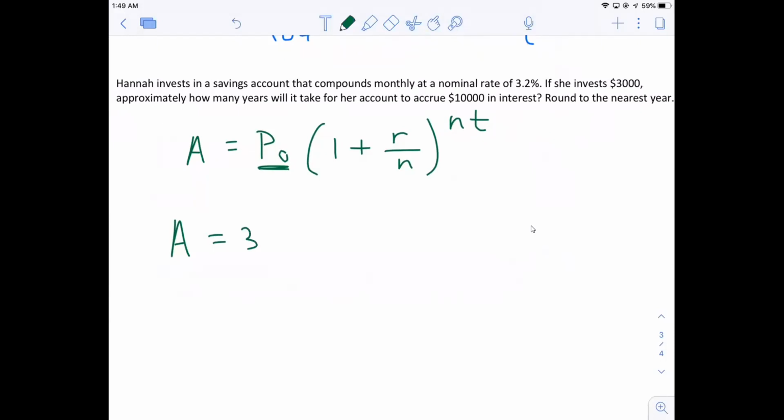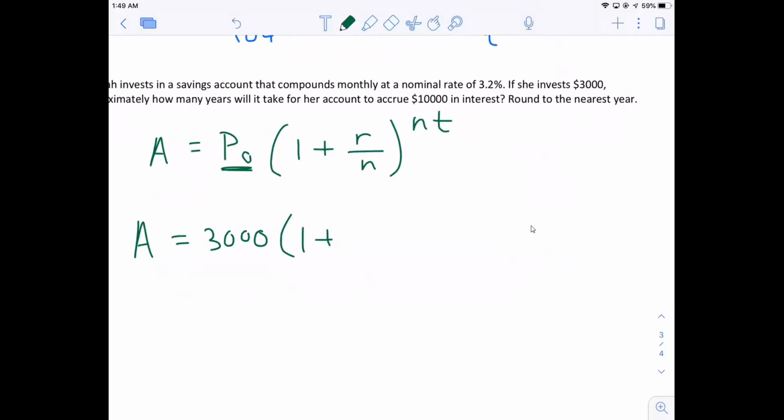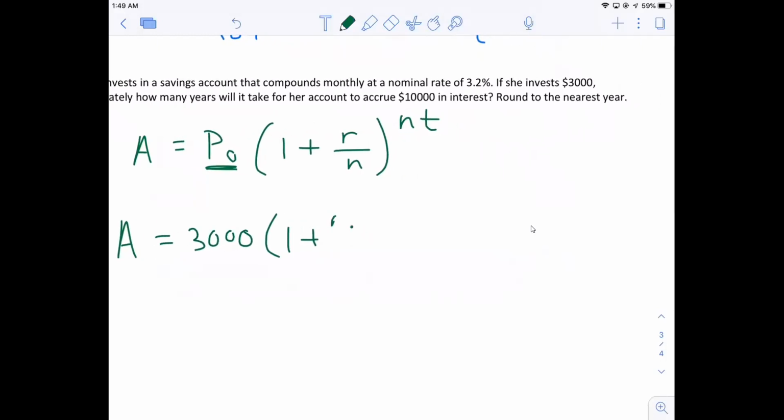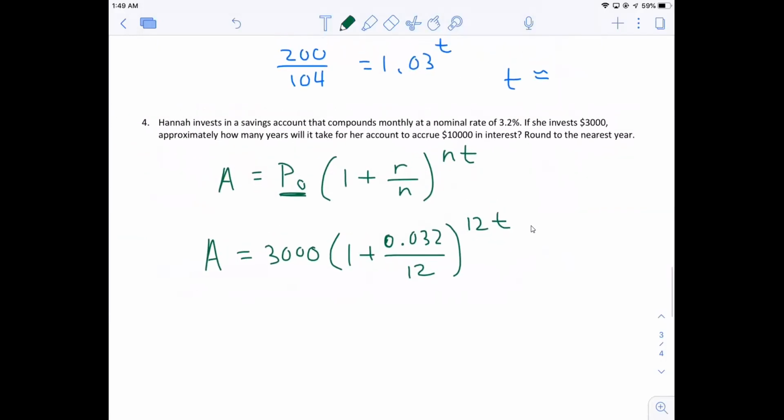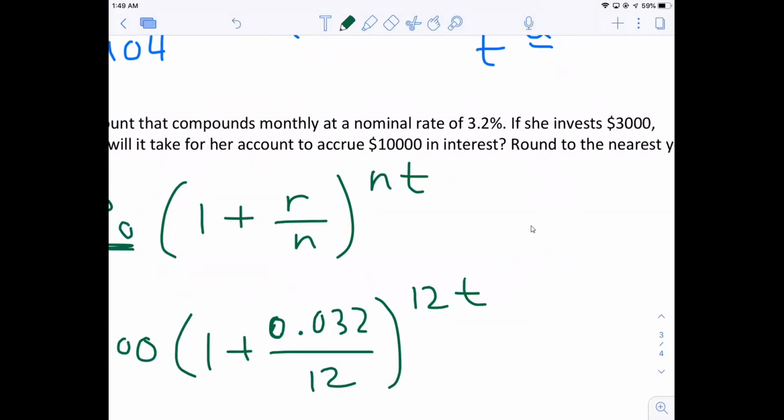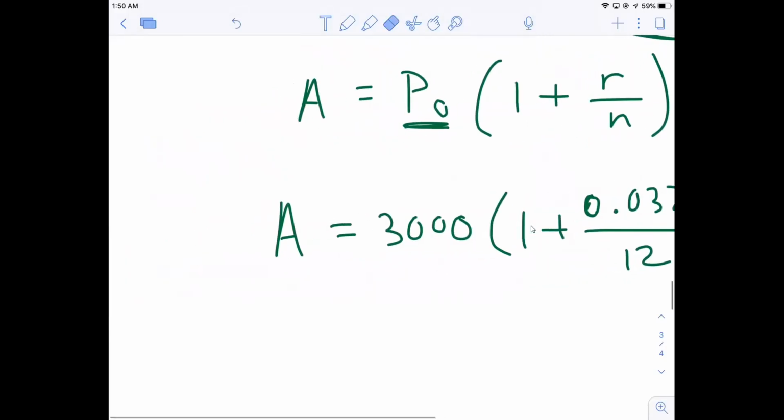So she invests $3,000. 1 plus the rate is 3.2%, so that's 0.032 over 12 to the 12t, and we're solving for t. So you gotta be a little careful. We want her account to accrue $10,000 in interest. So her final amount is not going to be $10,000.